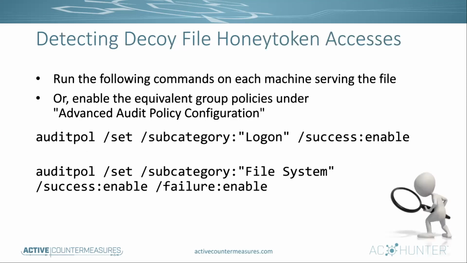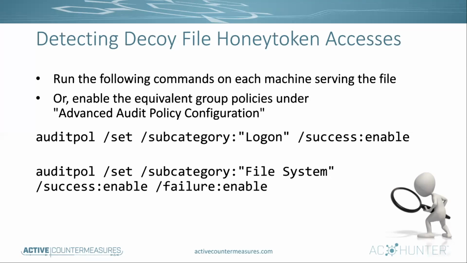So once again, we need to set up some audit policies that we can do either with auditpol to set up, or we can set them up with a group policy. In particular, we're going to be looking at two different sections here: the logon policy and the file system policy. Now, you might be asking, why do we need logons if we're just monitoring files?